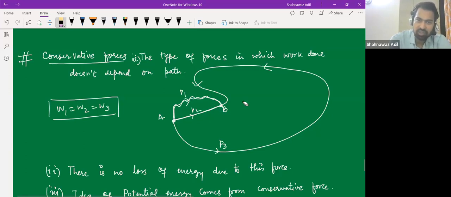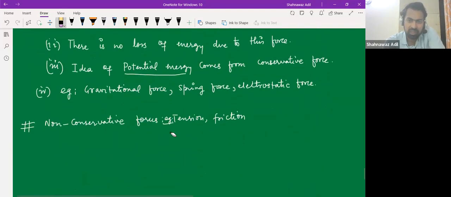So whenever you have non-conservative forces, the work done would be path dependent, and W1 would not be equal to W2 and would not be equal to W3. Let's say you have friction.